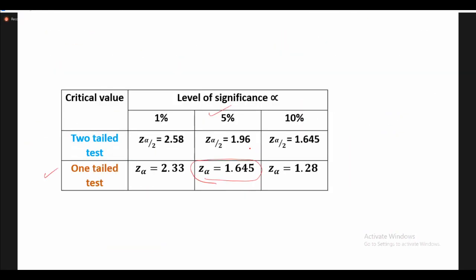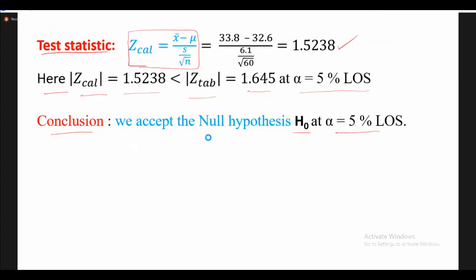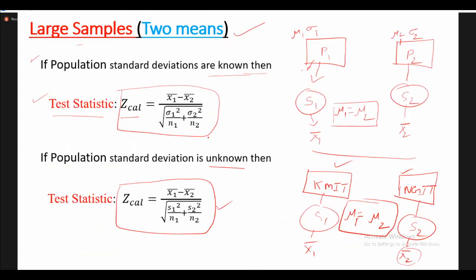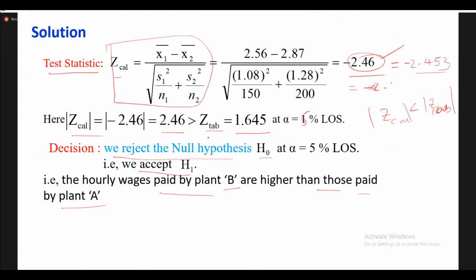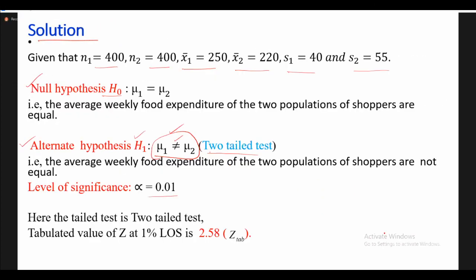For a two-tailed test at alpha 1%, the Z tabular value is 2.58.